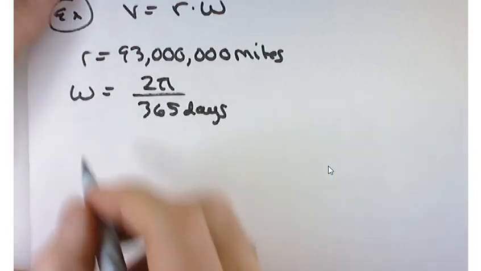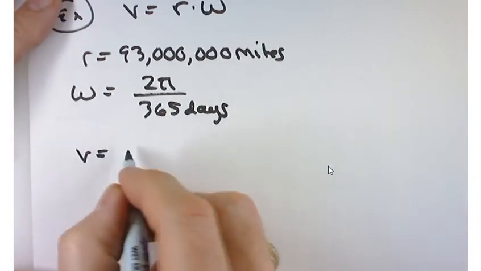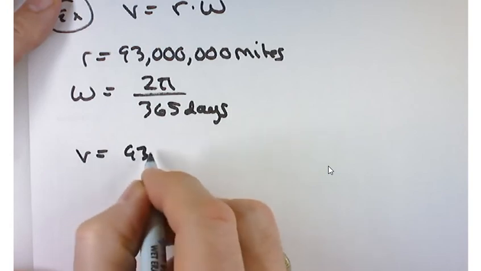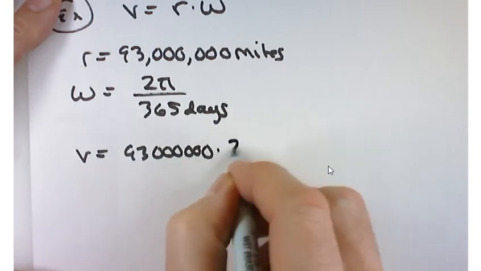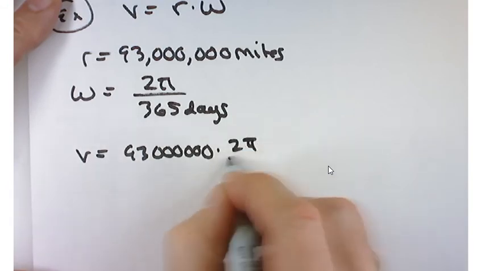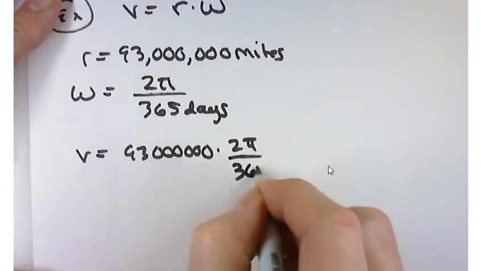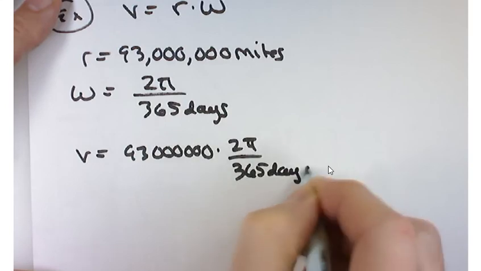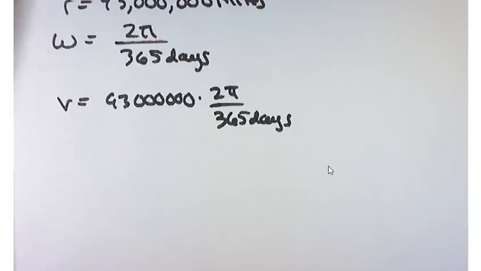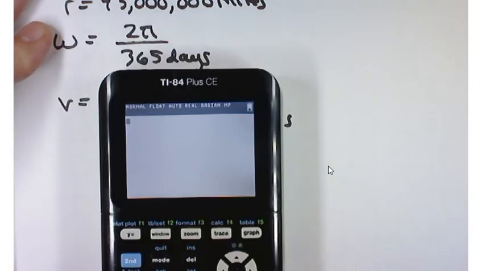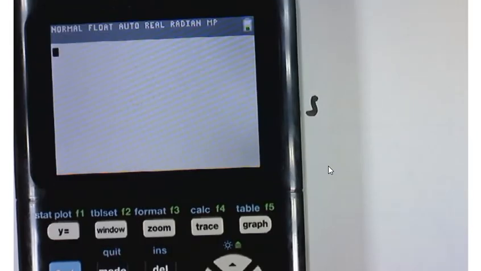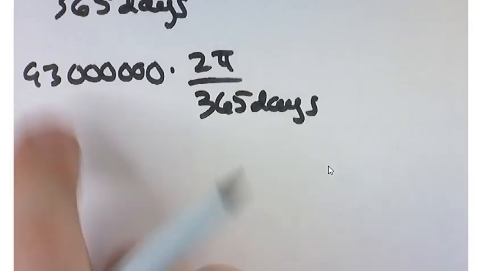Well, let's see here. So our velocity is going to be 93 million times 2 pi divided by 365 days. Now, a little trick here for you. You can put in numbers in scientific notation.